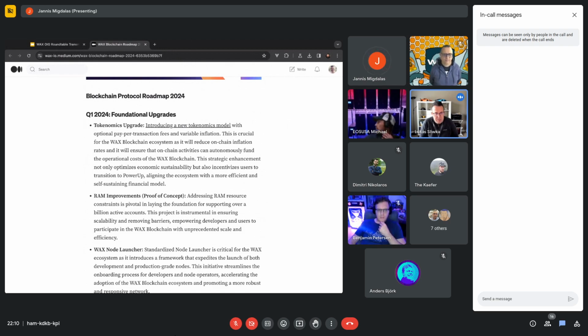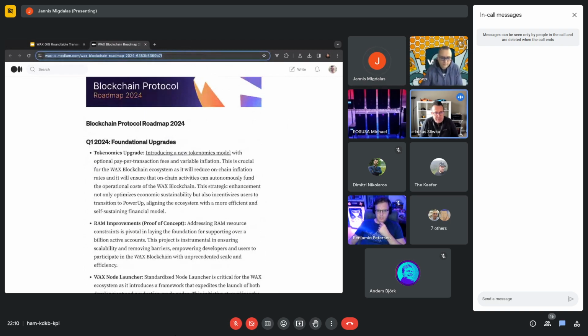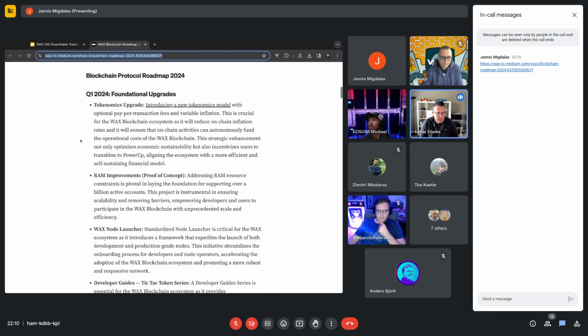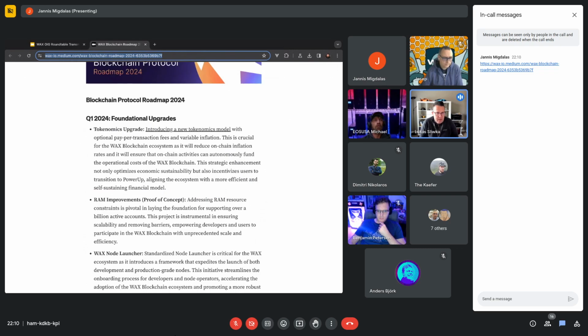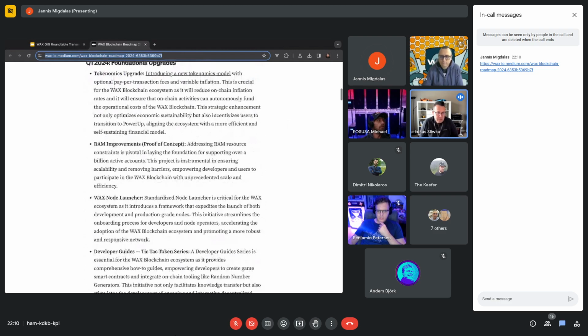From a high-level perspective, there are just these large initiatives geared towards several objectives. Number one, if you look at the roadmap, there's a heavy emphasis on improving the protocol itself.